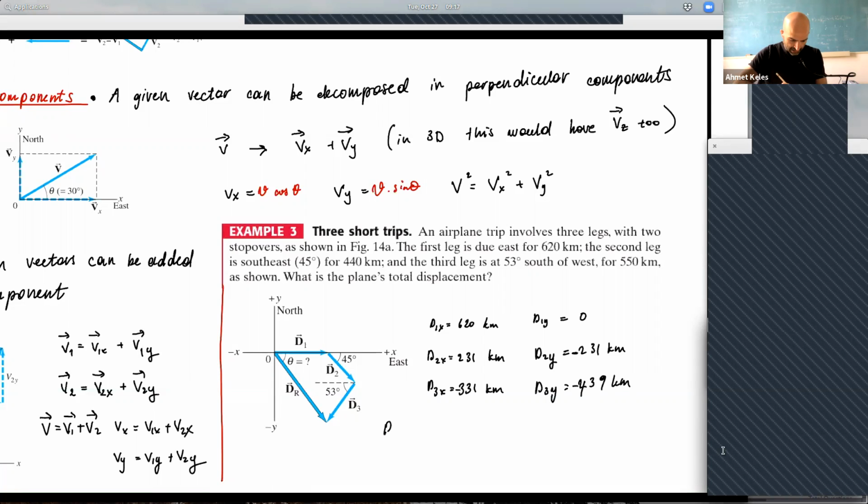Now the resultant vector D, let's call it Drx.